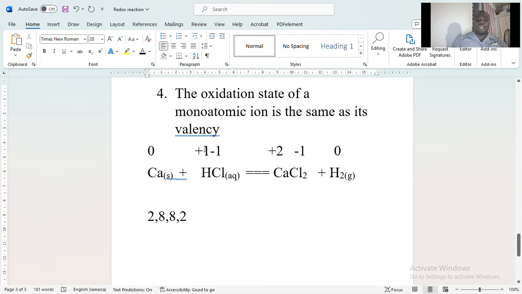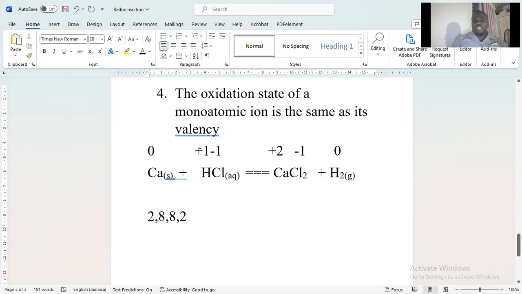But when we check the hydrogen, it is basically a +1, and it is going back to the atom state.